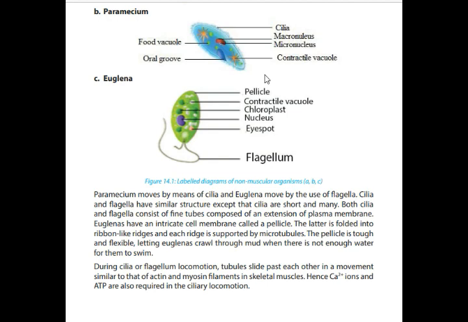The pellicle is tough and flexible, letting euglena crawl through mud when there is not enough water for them to swim.